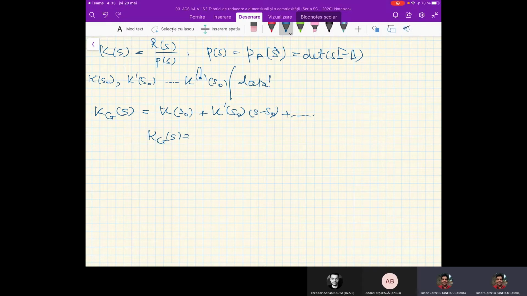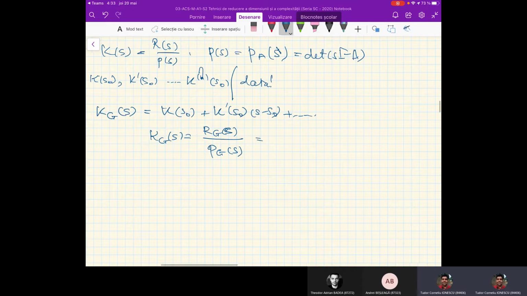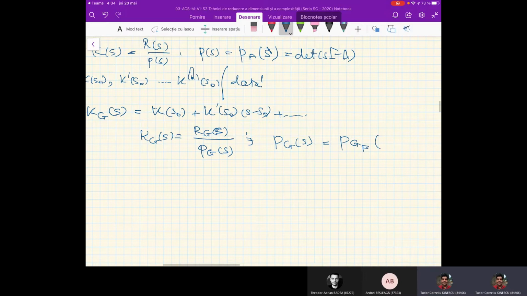So you know that the shape of this is fixed, where P_G(s) is the characteristic polynomial of F in s.